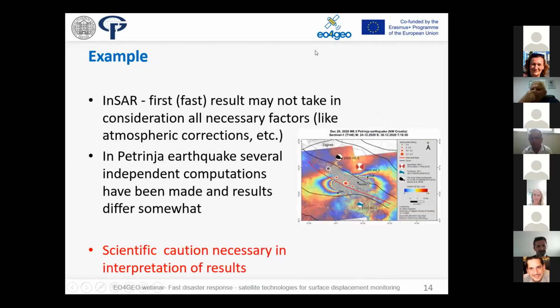When we speak about radars and InSAR, if we want to deliver a first result or a very fast result in the computations, we may not take into consideration all necessary factors. For example, atmospheric corrections, influence of the ionosphere and troposphere, etc., on the signal propagation, which have an impact on the final result.